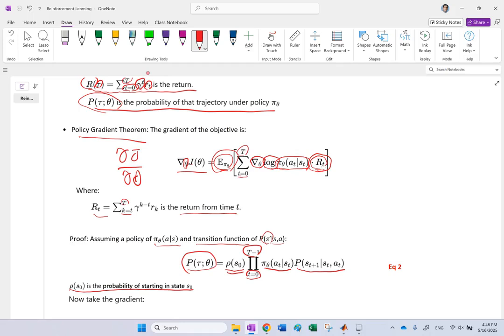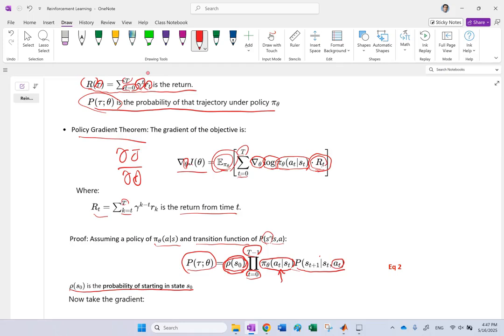The transition takes us from state st to st plus 1, and the action at from st is taken from the policy. Assuming these back-to-back steps are only determined by the policy, a product like this would do the job.